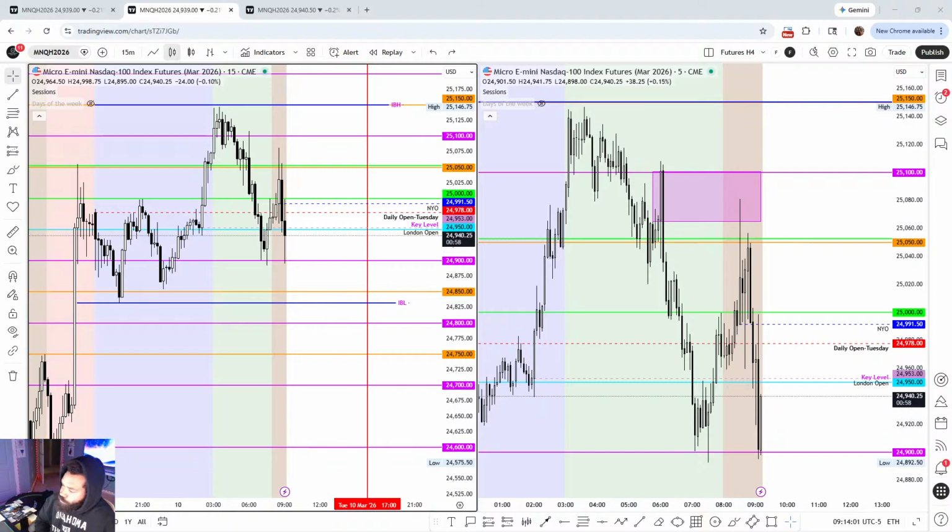Pretty strong here going into the 9:15 close, so let's see what we get on the 5-minute candle closure.